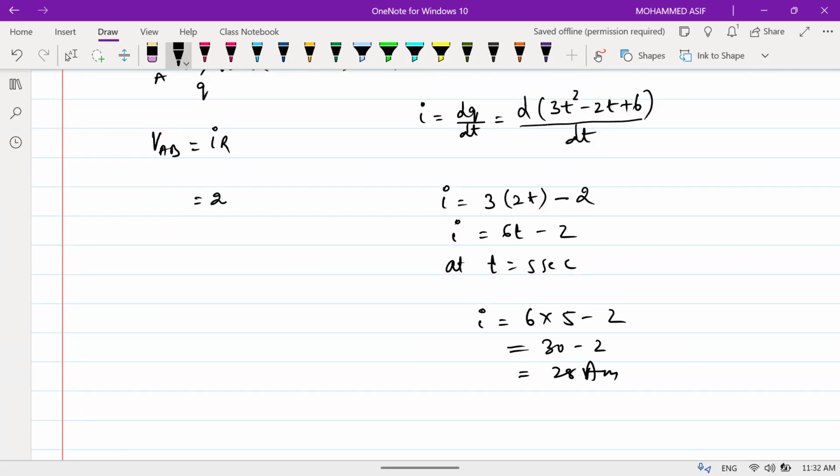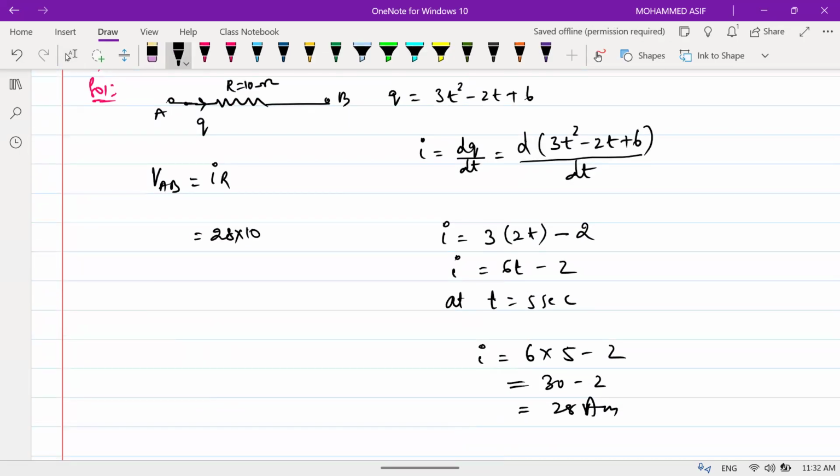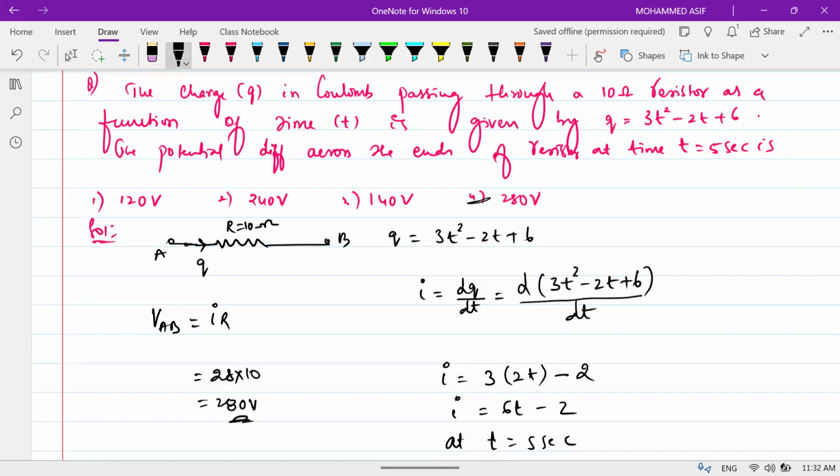So this will be equal to 28 into the resistance. R is equal to how much for me? 10 ohms. 28 into 10 is nothing but 280 volt will be the answer. Got it? Fourth option.